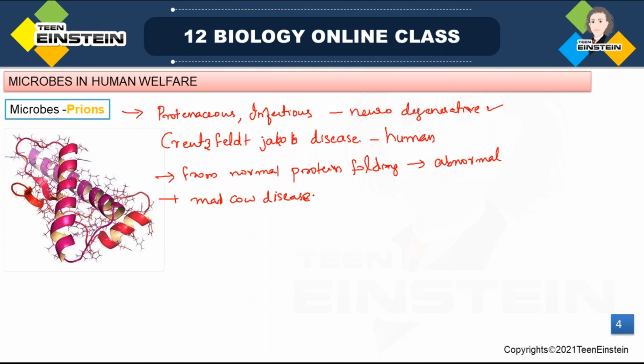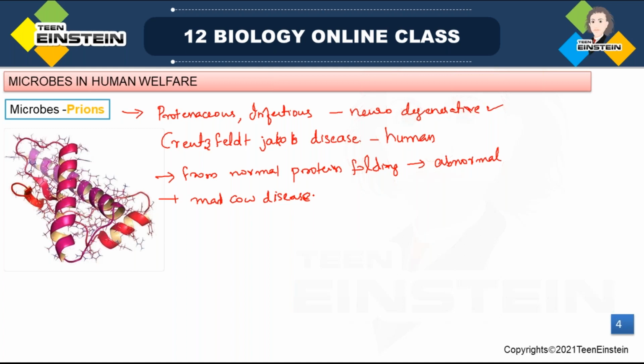So, viroids. Then another one is prions. In prions, what did we say? Prions are proteinaceous infectious particles, made up of protein or folded protein.